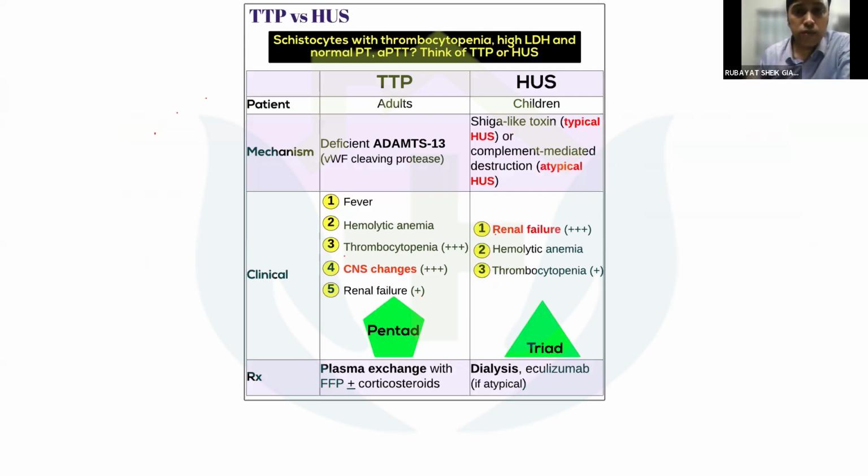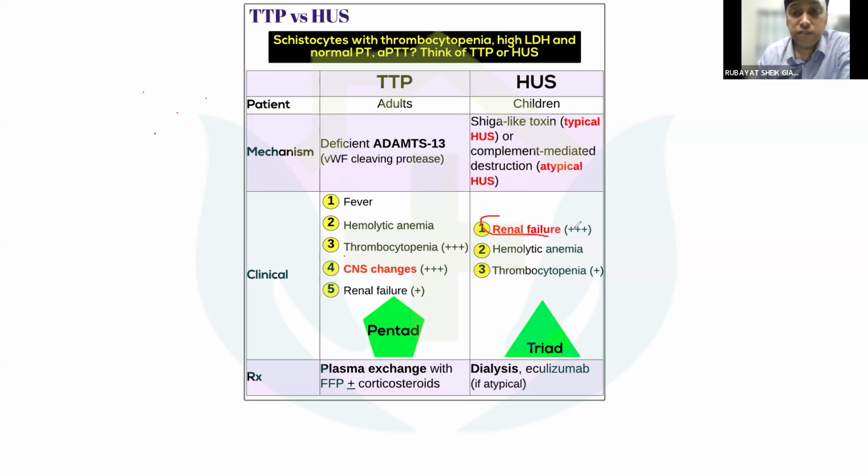Okay, I'll show you some common differences just to help you clear some confusions. For example, I told you TTP and HUS are very close. Both of them have thrombocytopenia and hemolytic anemia. So how do you differentiate? As I said, TTP has a pentad of symptoms, a combination of five things. In HUS, you usually have diarrhea followed by renal failure, hemolytic anemia, thrombocytopenia.